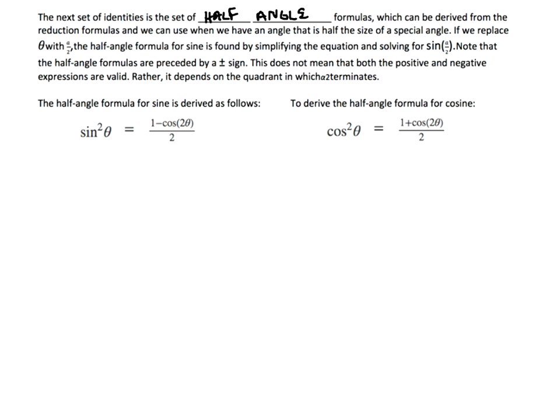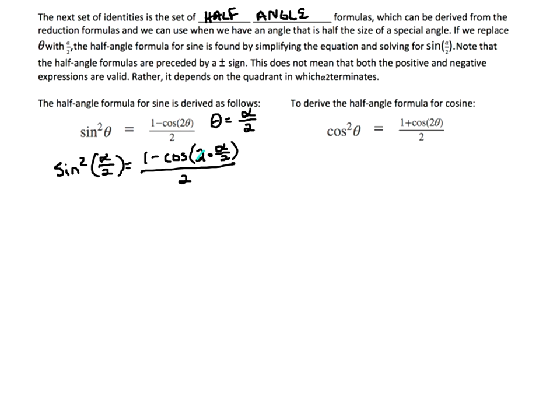Okay, so what we're going to do to figure out half angles is we're going to let theta be equal to alpha over 2. So that's what I'm going to do first, is just replace my thetas with alpha over 2. So I have sine squared of alpha over 2 equaling 1 minus cosine of 2 times alpha over 2, all divided by 2.